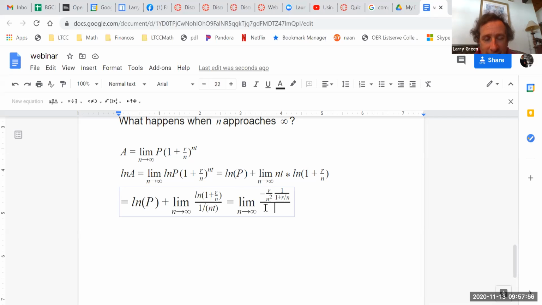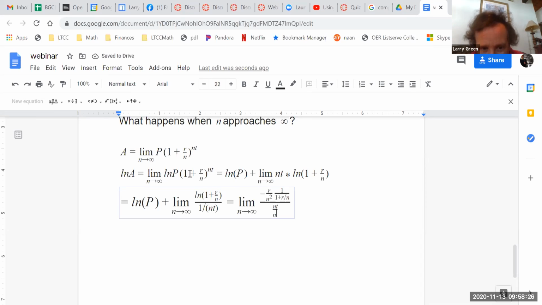That's going to be negative t times nt to the negative second, or let's write it this way: over n squared t squared.